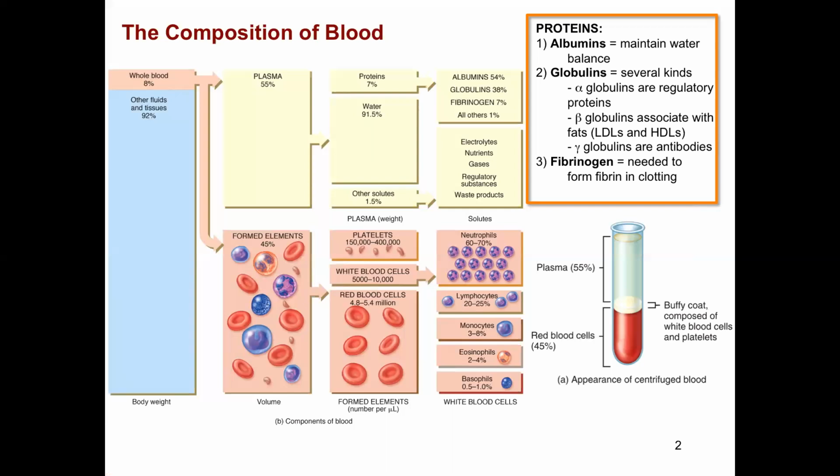Then the other protein that we talk about here is fibrinogen. I'm skipping globulins for a sec. Fibrinogen is what we need to maintain blood clotting, all right? I'm going to talk about fibrinogen again in a sec. We talked about it in lecture, but I'll go over it. Remember, fibrinogen is a soluble protein, and it is sitting there ready to go if you need to form a blood clot.